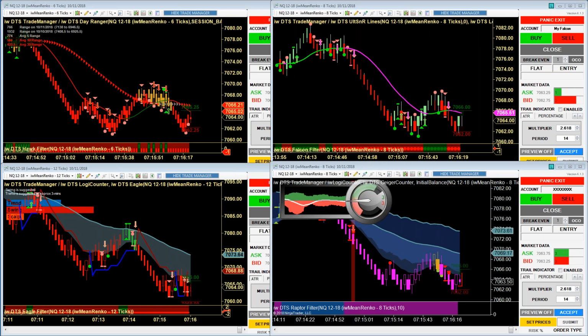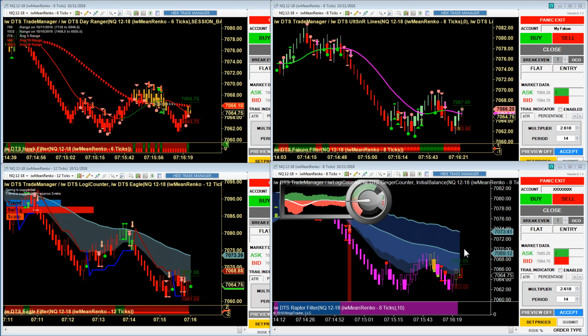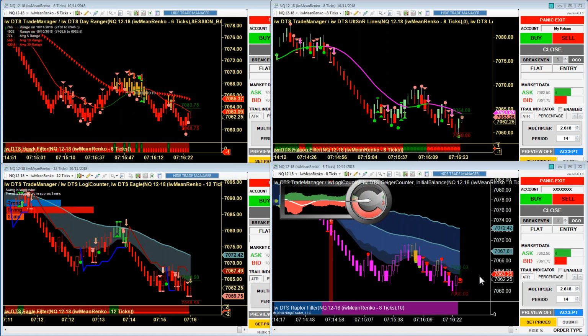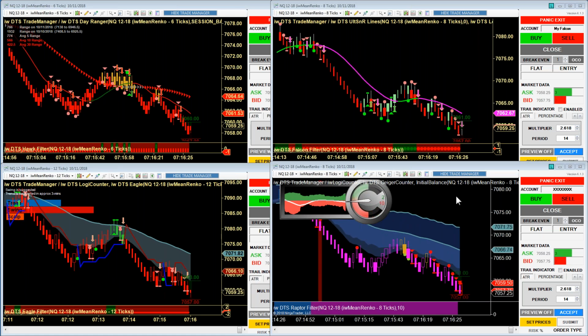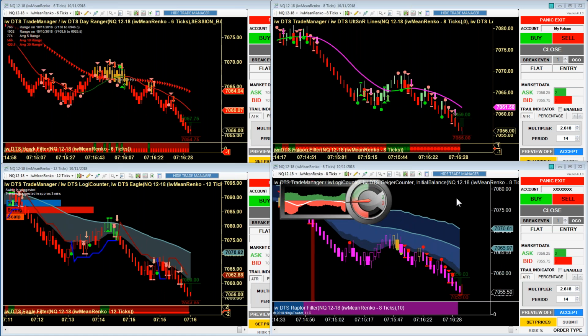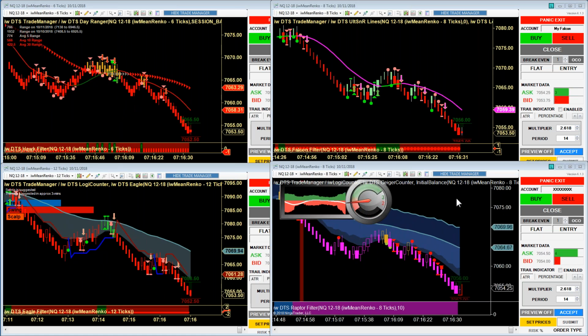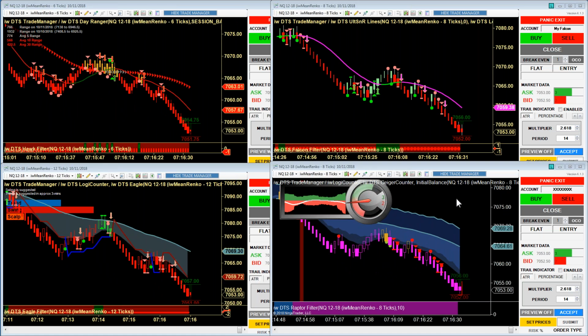All right, we're at the 70-60 area, likely to zone in on 70-50. Oh man, look at that thing go. They're taking all the fun out of it.